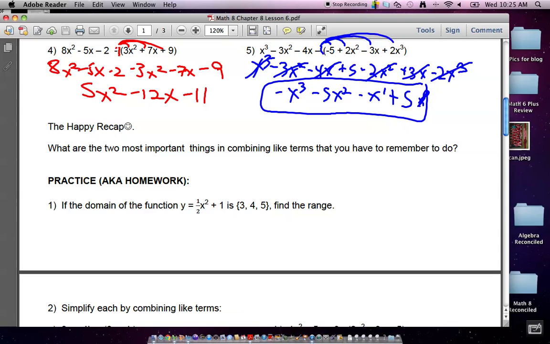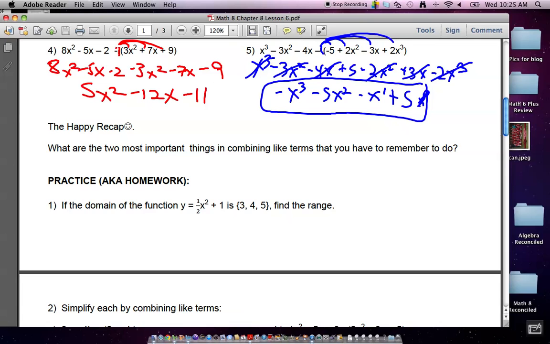All right, what are the two most important things in combining like terms that you always have to remember? What is it that guides you in that process of combining them? All right, you gotta be very careful with signs, because if you screw signs up, you're done. What else is very important?